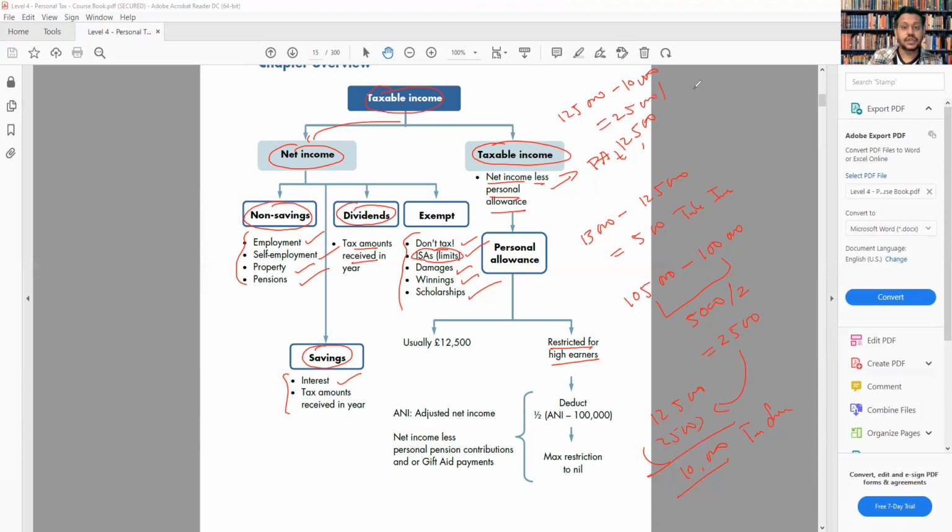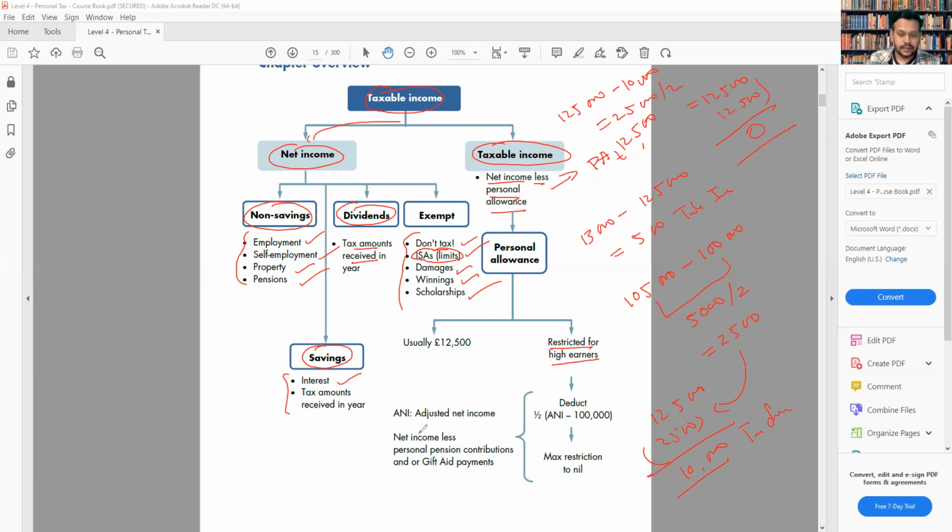If I divide by 2, that is 12,500. And if I minus 12,500 from 12,500, it becomes 0. So he will lose all the personal allowance. If someone's income exceeds 125,000, no personal allowance for them. We're going to practice some questions anyway, so don't worry too much right now, but you understand the concept. This is the main thing.